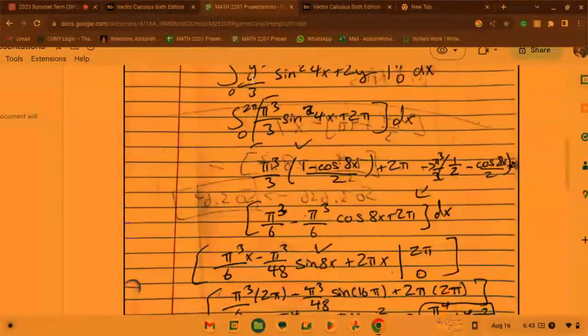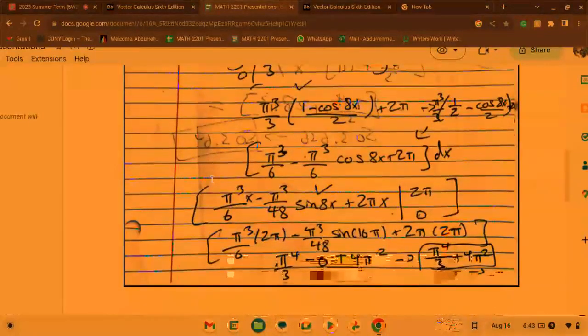We plug it in, this is what we get. We simplify it, and for the sine, we're going to plug in a trig identity. This is going to simplify the answer even more, and it's going to be easier to solve the problem and go further on. We had the identity plugged in for the sine, so it became cosine.